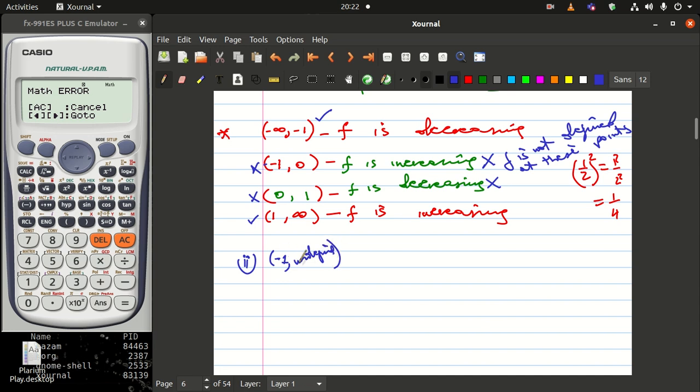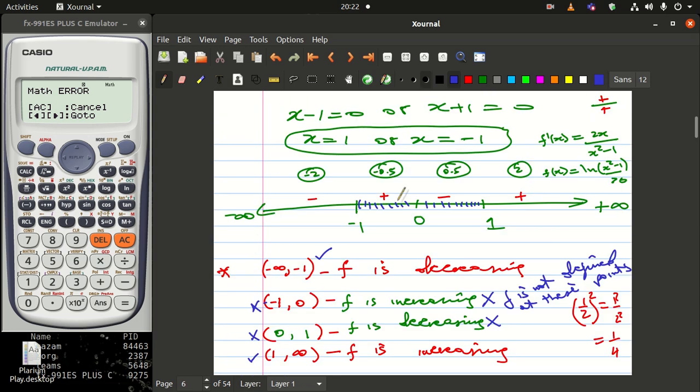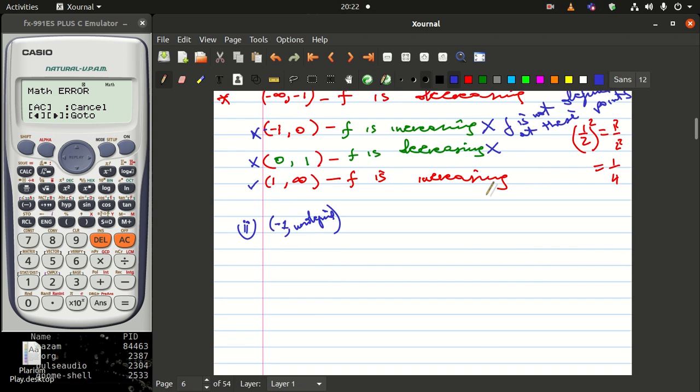So at this point and that point there, they are both not defined.